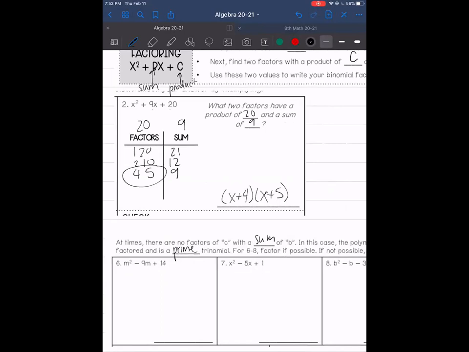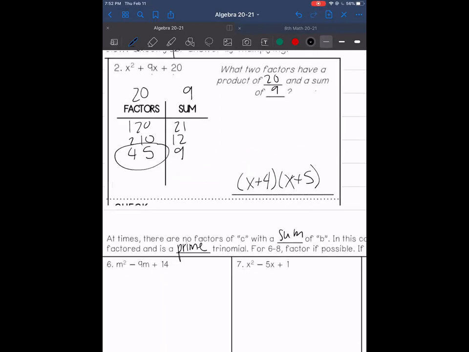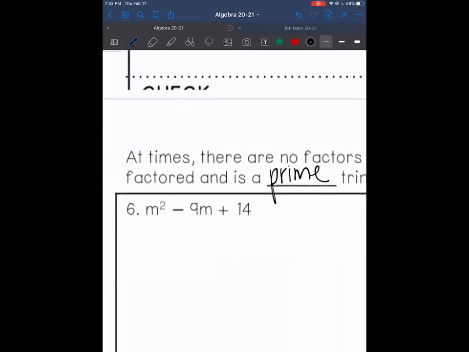So we're going to look at these 3 problems. Two to practice our factoring, and one of them will be a prime trinomial. So we're going to figure out which one that is. So looking at number 6, do we have a greatest common factor? No. So I'm going to make my little T-chart here.